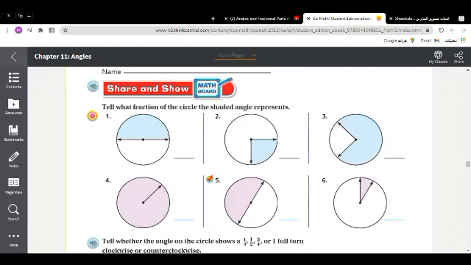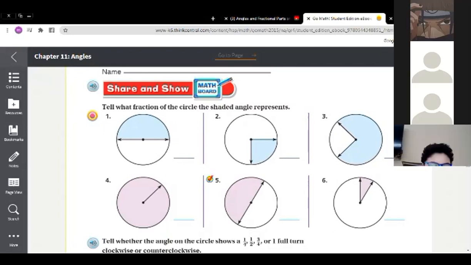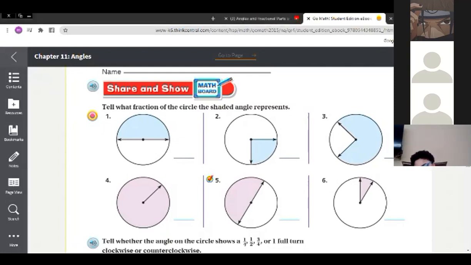What about number 1? What is the fraction of the blue part? Manef, raise up your voice. What is the fraction of the first shape? 1 over 2. This is my question.